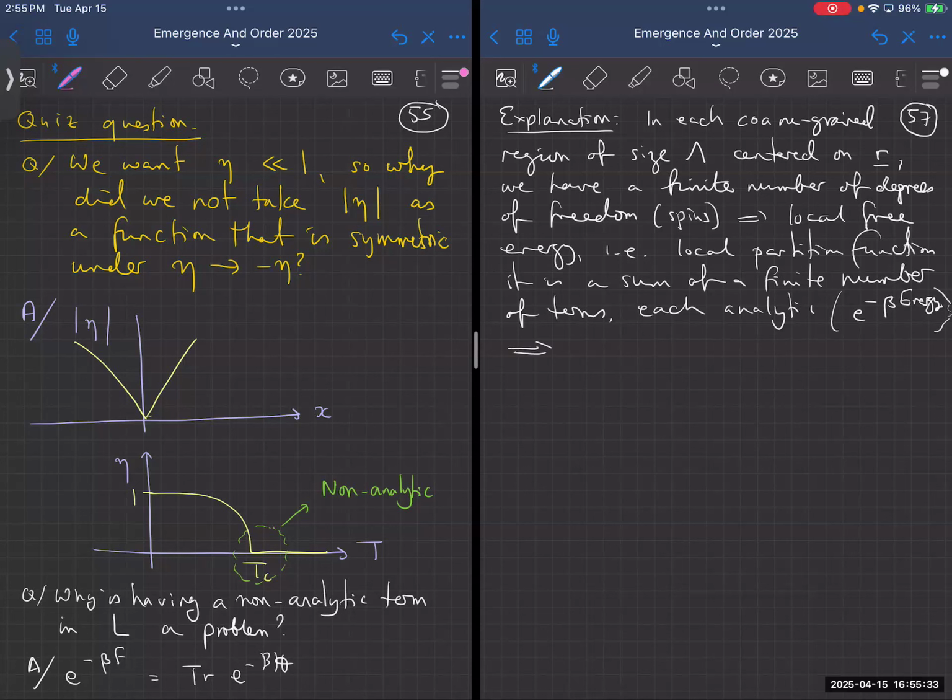And so L of eta must be an analytic function.